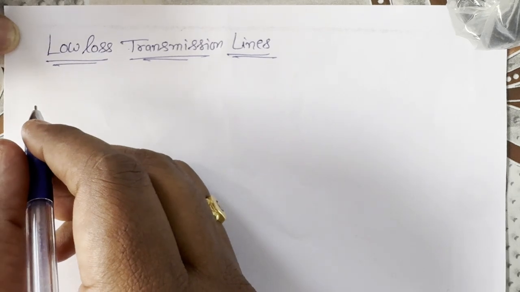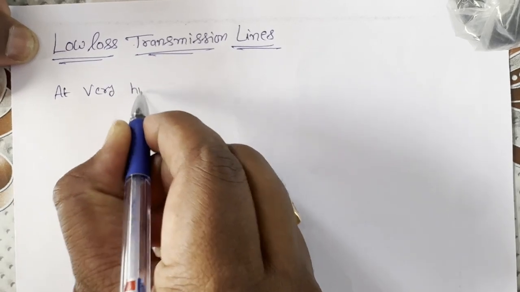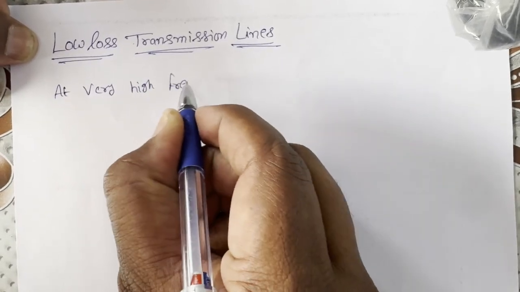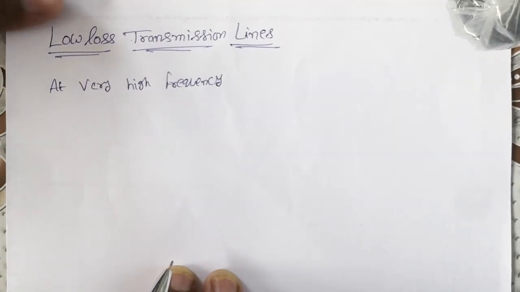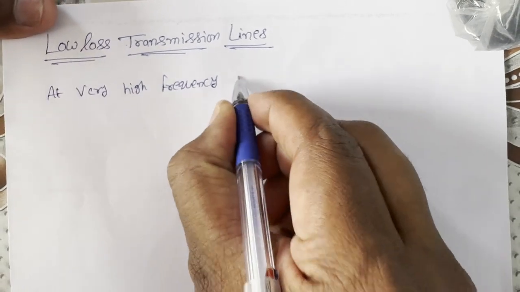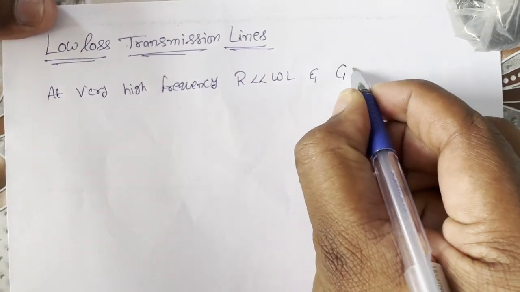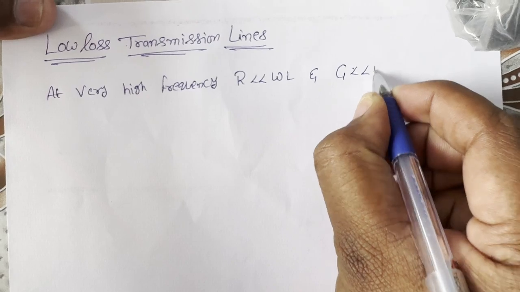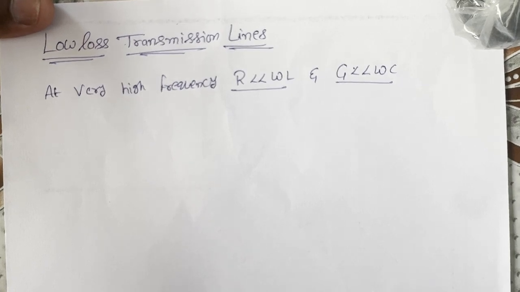Here, in the case of a low loss transmission line, we have a small condition to satisfy for a transmission line to be low loss, that is, at very high frequencies, the value of R is far less than omega L and G is far less than omega C. These are the two conditions for a low loss transmission line.